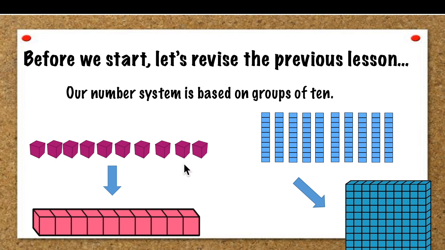Single ones, if you count all of them, they are 10. They can make one block of 10. Now, when you have 10 groups of tens, 10 groups of tens will make 100.